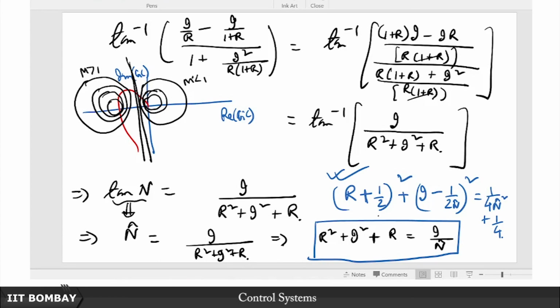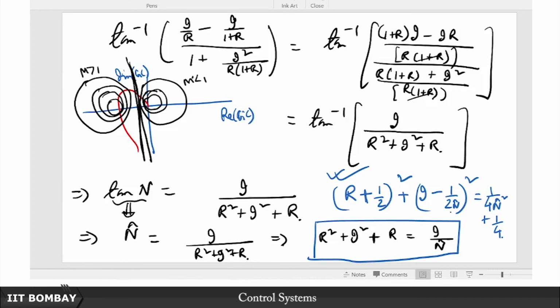And now similarly you have the n circle. See, for the n circle, the real axis coordinate of the center is fixed. So, what does that tell you? It tells you that this will be a circle centered at r equal to half, which is on this vertical line.